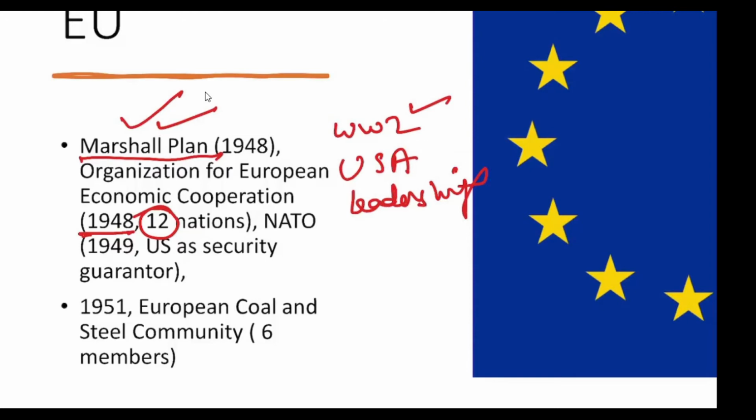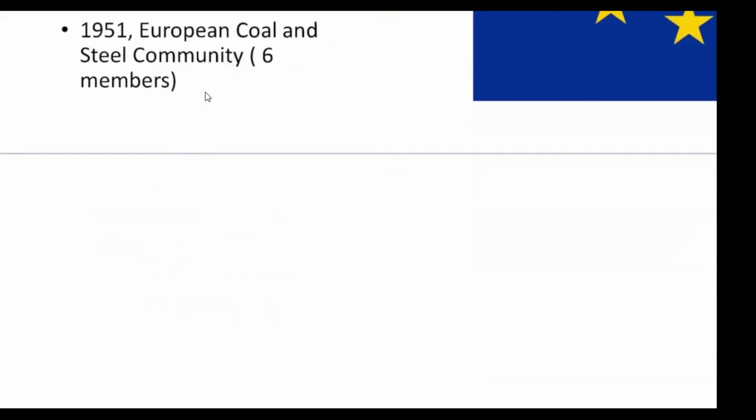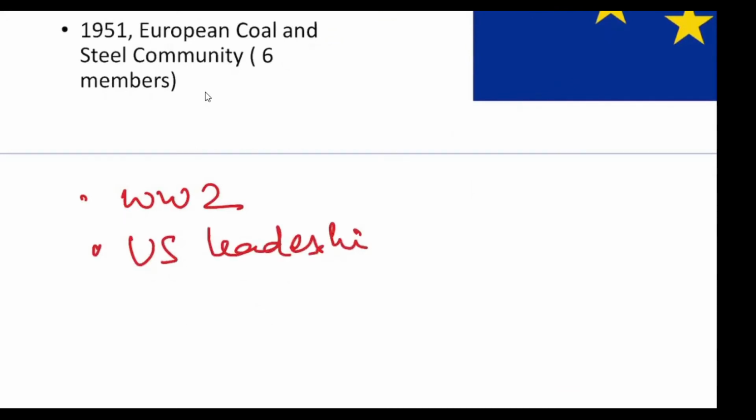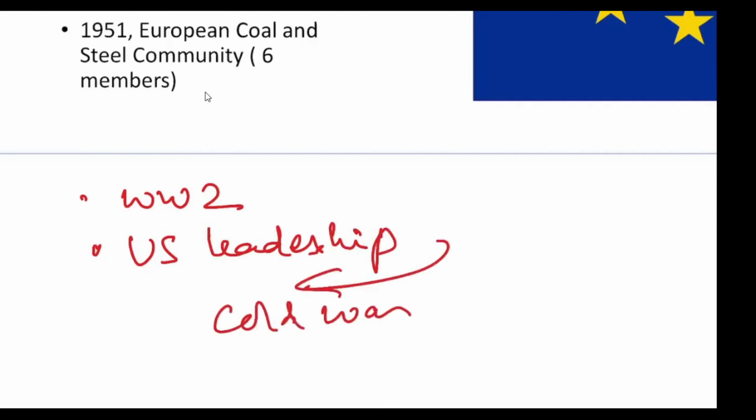So the European Union is in the context of the aftermath of World War II, US leadership. Why is the US interested in this? Due to the Cold War. Okay, so much destruction, Cold War, and US help.